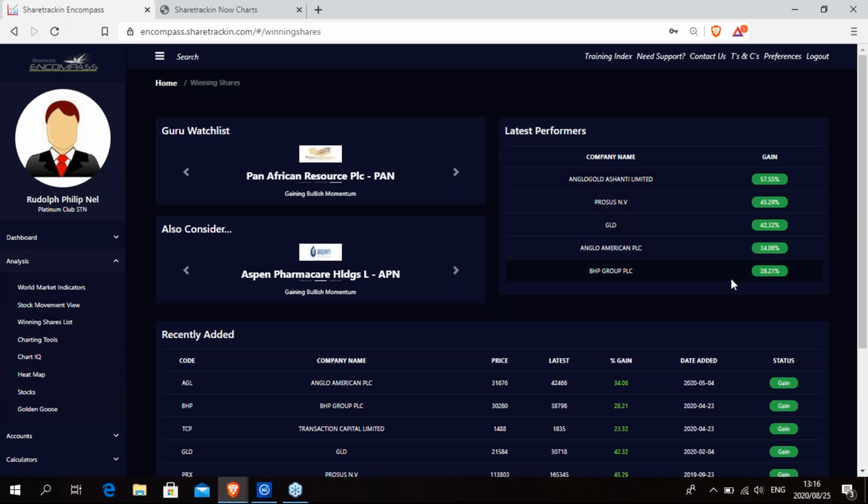So you get the idea that we only look at the shares that are basically making the best growth on the JSE. We don't really go for any shares that are underperforming the market. Most of the time we're looking at shares that are growing at a rate of at least 3.33% per month, which would give you your 40% within 12 months.